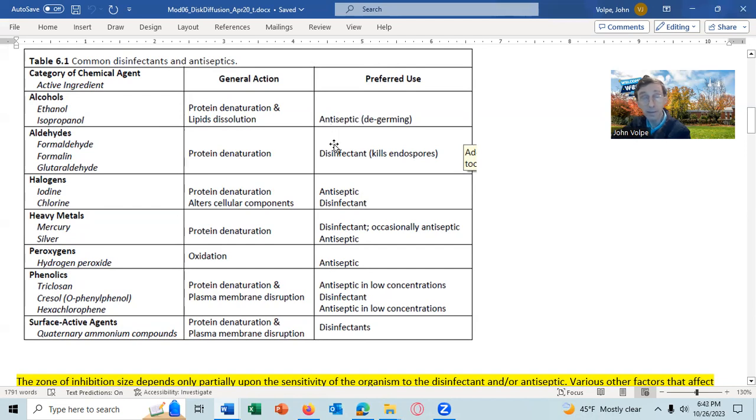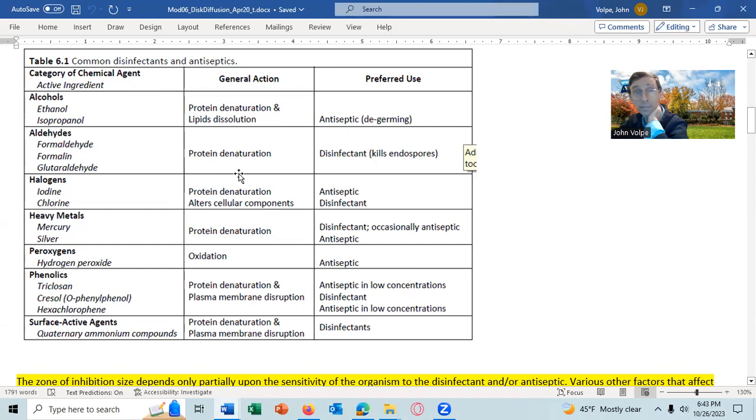We don't even call them a disinfectant because they're very weak disinfectants. But they do degerm the skin. They do not remove all microbes from the skin. They just reduce their number to safe levels so that then you could give a needle injection in the area, for example. Aldehydes, including formaldehyde, formalin, glutaraldehyde, are all disinfectants.